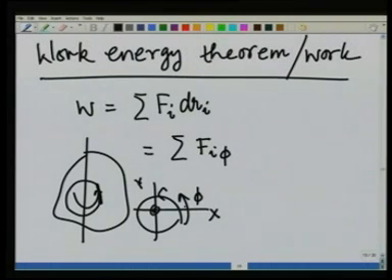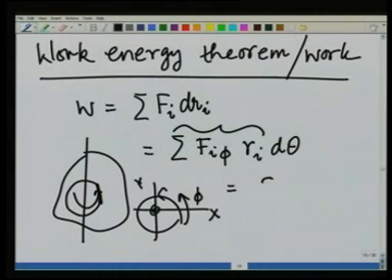F_i phi, distance is going to be r_i d theta, which is nothing but, this quantity is nothing but the torque. So, torque times d theta. This is going to be partial work done. For full work I put the integration.